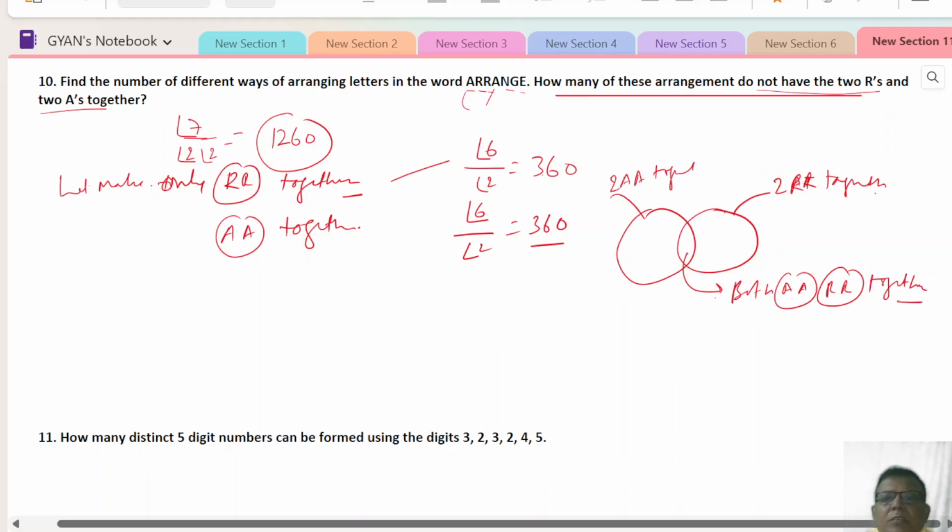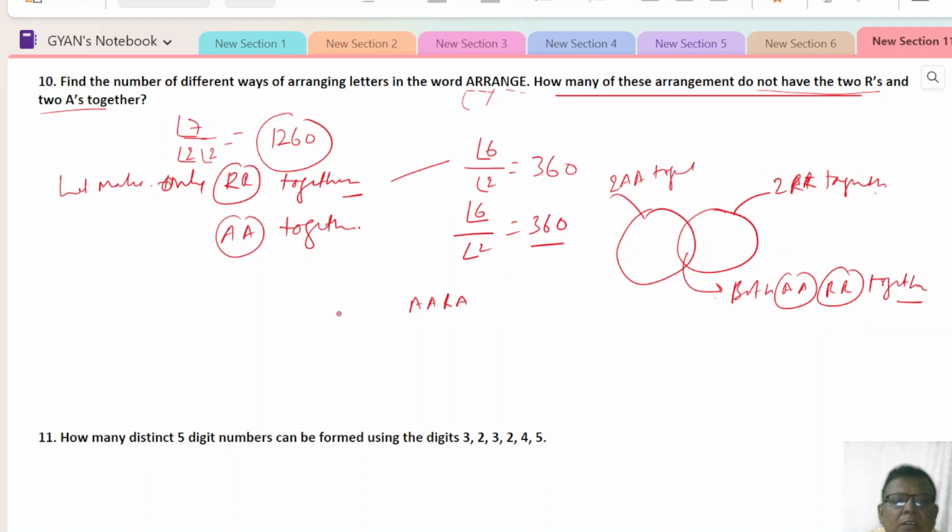Both A and R together means A and R are together and N, G, E are remaining.